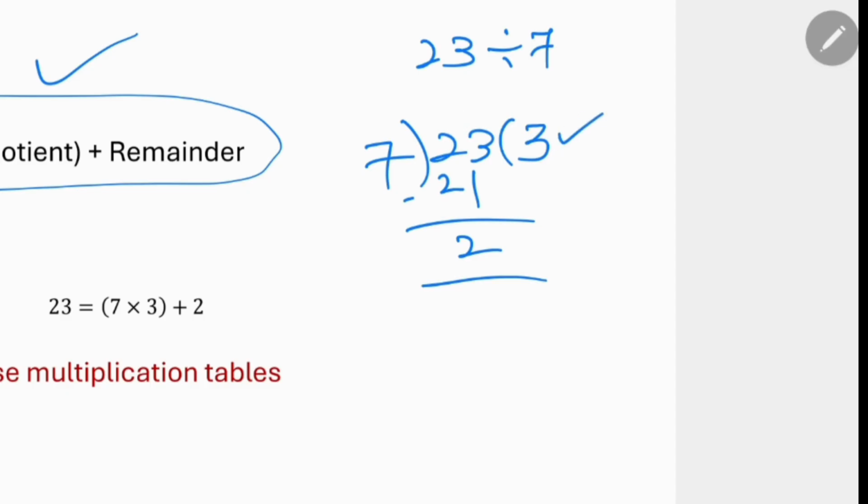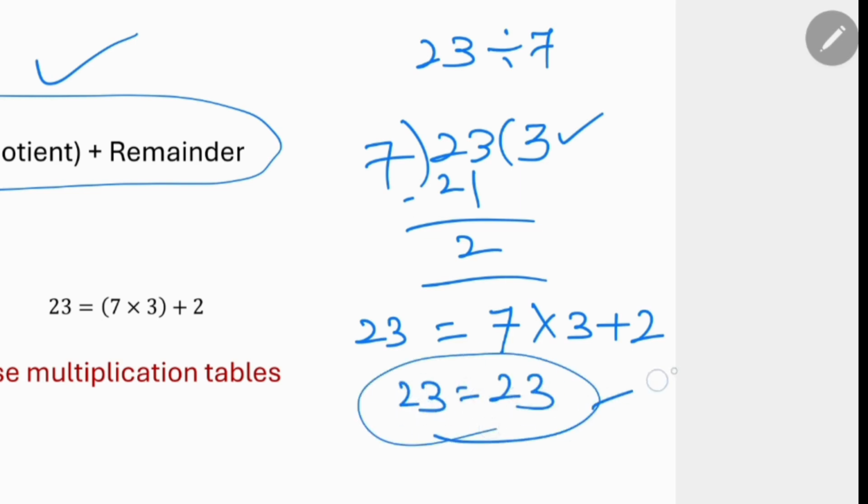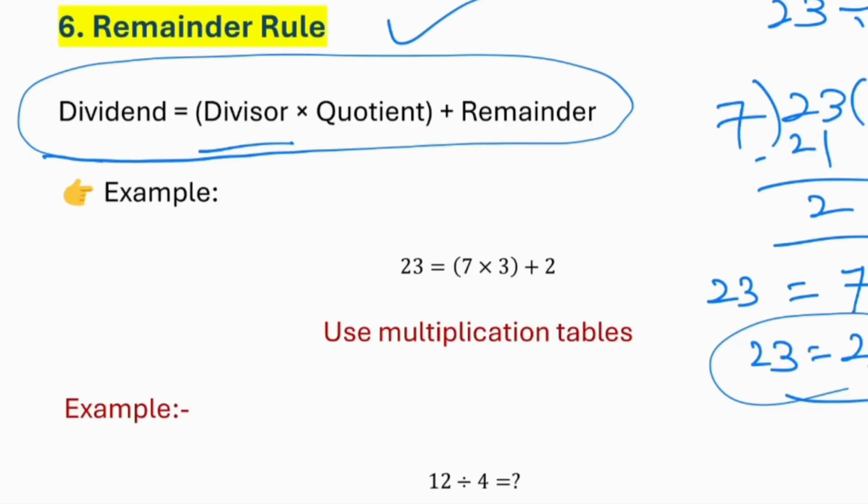In this case, 23 is the dividend, which is equal to divisor into coefficient plus remainder, that means 7 into 3 plus 2. Therefore, 23 is equal to 23. So, the remainder rule is dividend is equal to divisor into coefficient plus remainder.